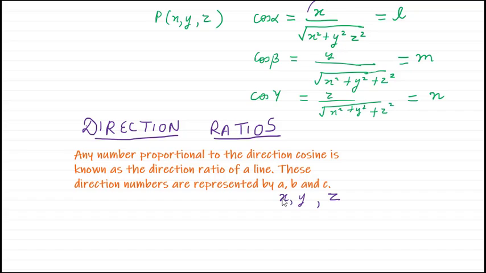So here you can see, if you find x, then x will be L into this whole thing. So x will be L into root of x square plus y square plus z square. This value can be anything.